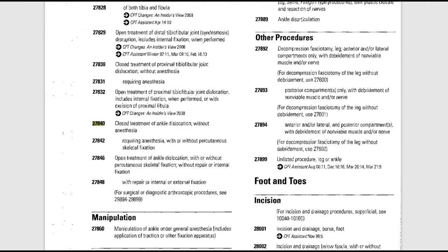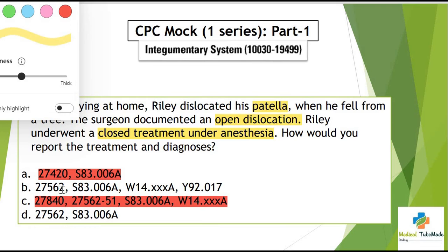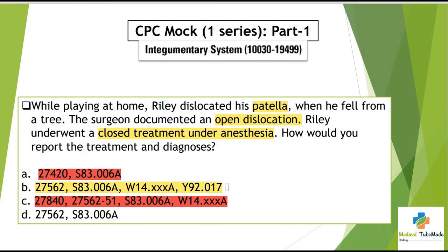So it is correct because the patient was playing at home. So an external cause code is also required in this case. So option B is appropriate. Option D is inappropriate because there is no external cause code.